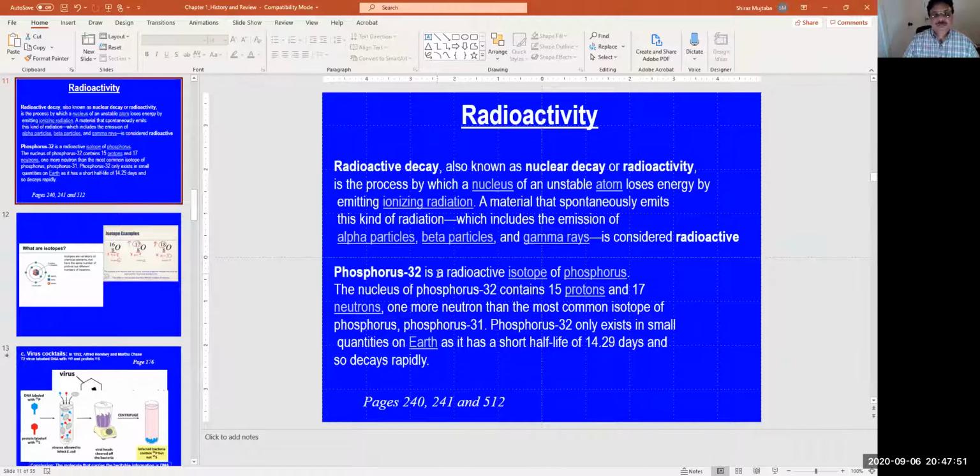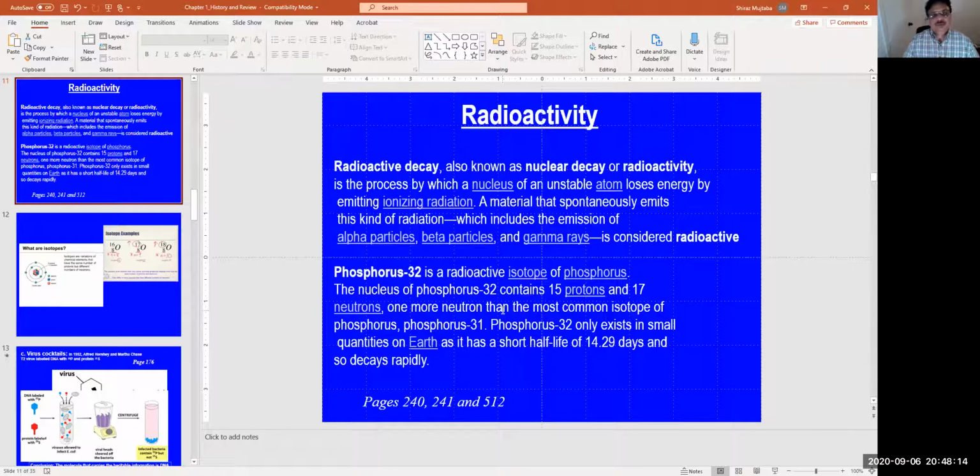And this phosphorus 32 becomes an atom with high energy. And this energy of phosphorus could be trapped to discover the more detailed structure of DNA. Similarly, you have nitrogen.